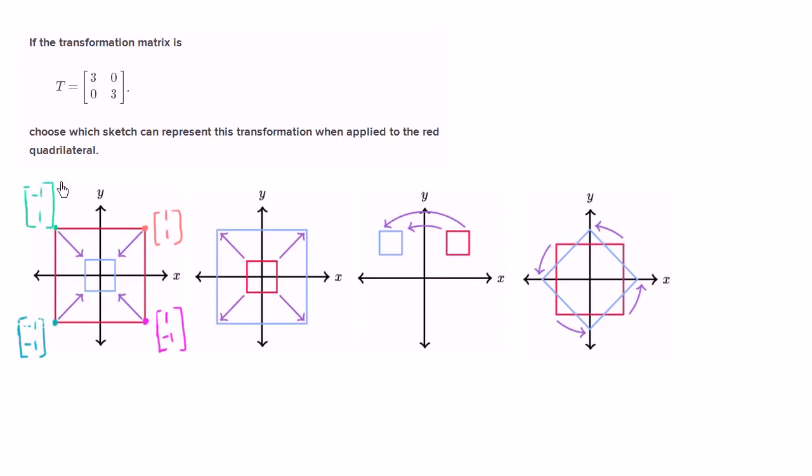So let's see what the transformation matrix would do when it transforms these 4 points. Let me take our transformation matrix, [3, 0; 0, 3], and multiply it by a 2 by 4 matrix that represents all of these position vectors.